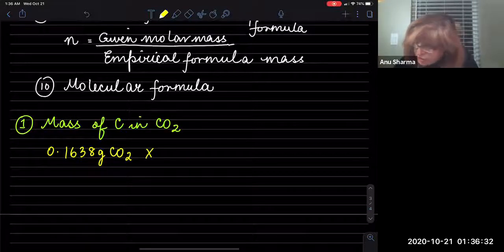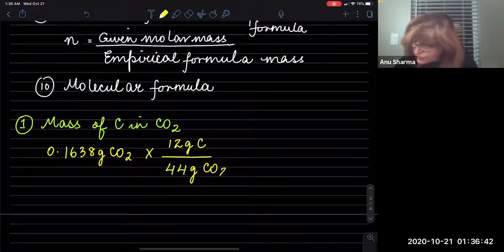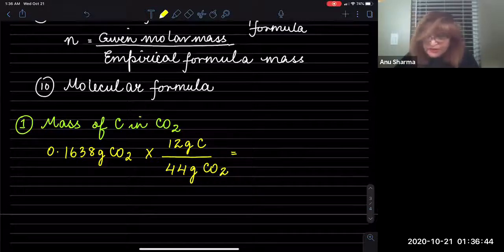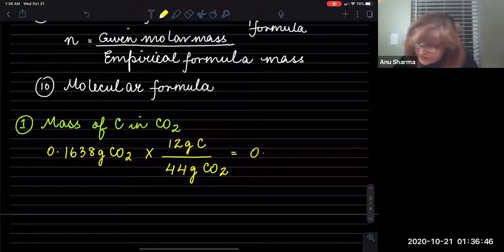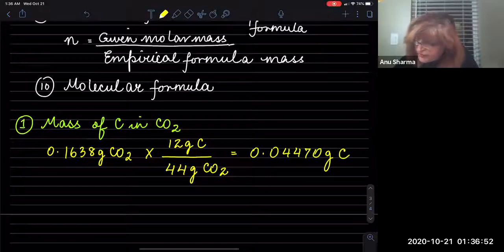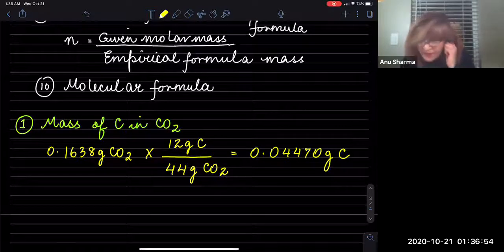How much carbon does this contain? So we know that 12 grams of carbon is present in 44 grams of CO2. So that was your conversion factor. And that's going to give you 0.04470 grams of carbon.